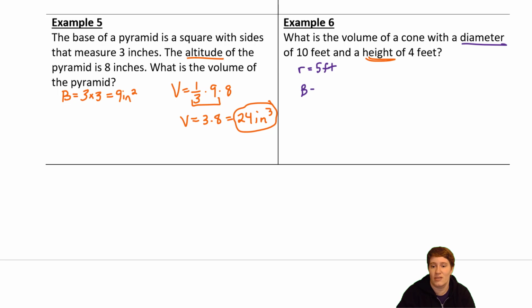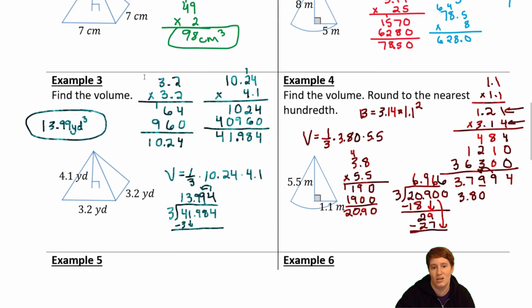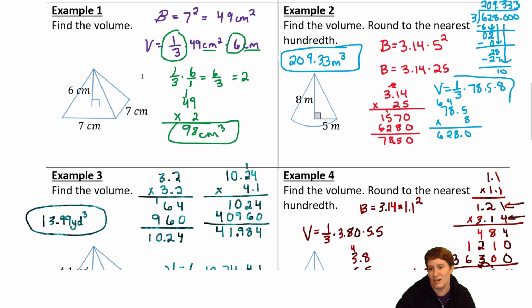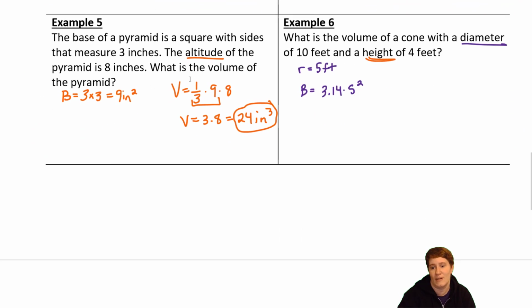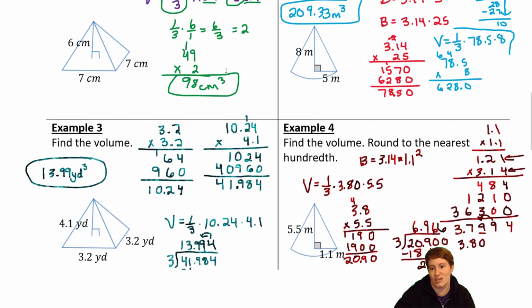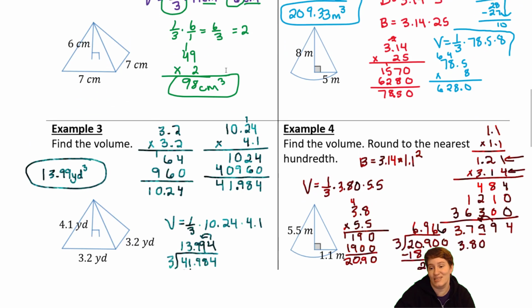So the area for the base of this cone is going to be 3.14 times 5 squared, which we did earlier. So how convenient. That was 78.5. And then the height wasn't 4, was it? Because that'd be convenient. No, it was 8.